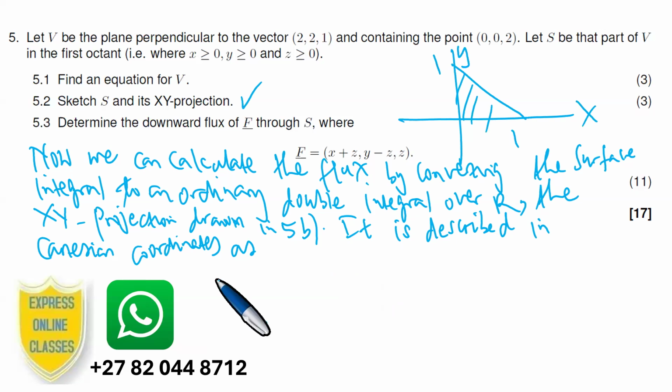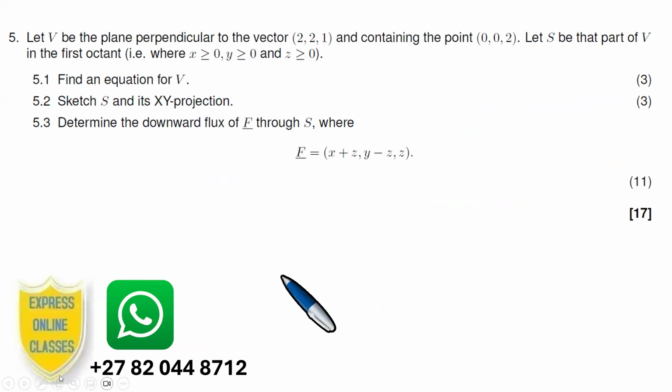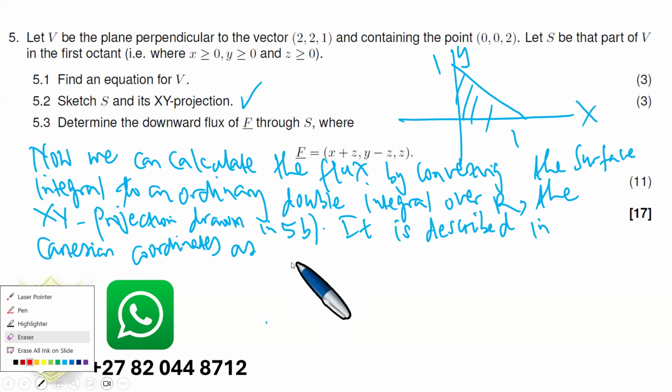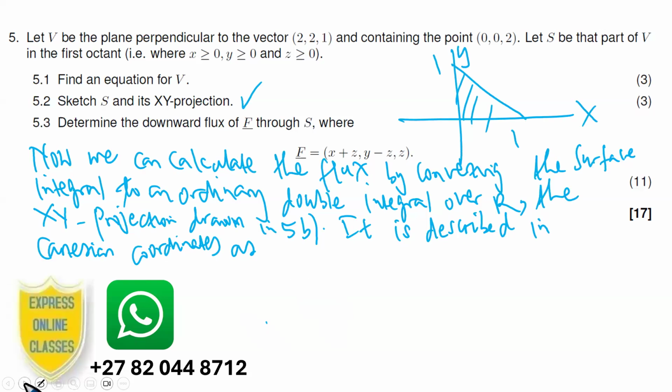So that R, the region. Right, so this one you can write it as R. And then now if you have the R, we have exactly the following.